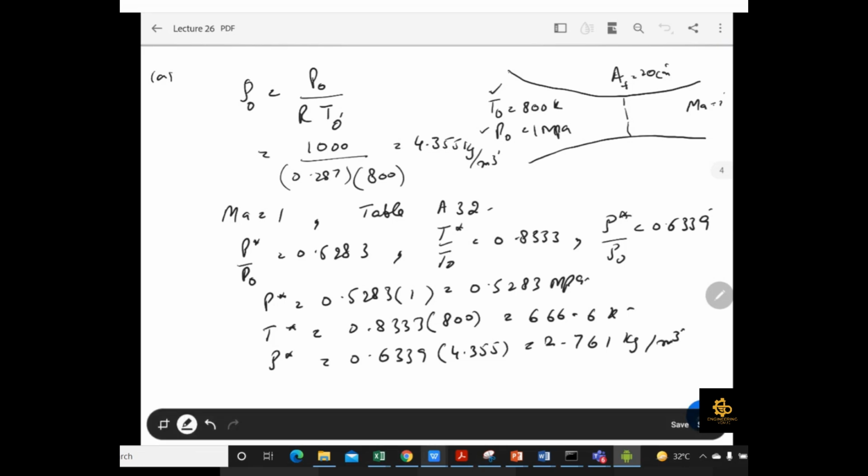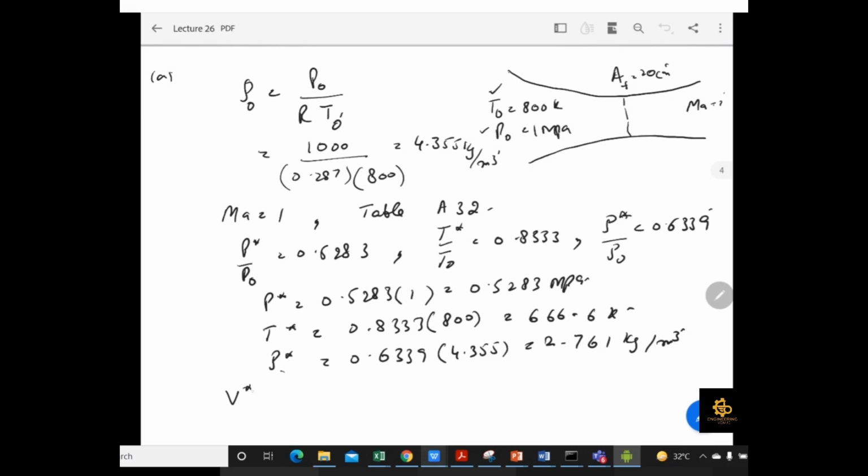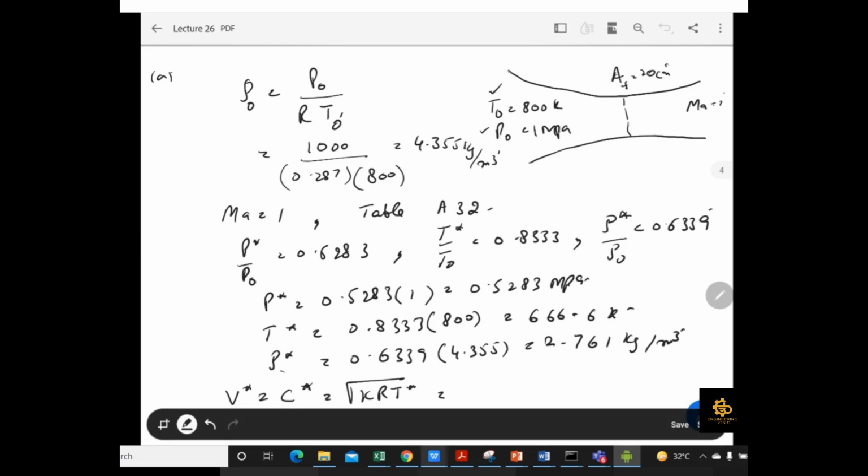So now three properties are known to us. We also have to find V star. As you already know, at the throat your speed of sound is equal to your air velocity. So in order to find V star, it is equal to C star, the speed of sound, which we can find as the square root of k R T star, because we have to use the throat temperature, that is the critical property of the temperature at the throat.